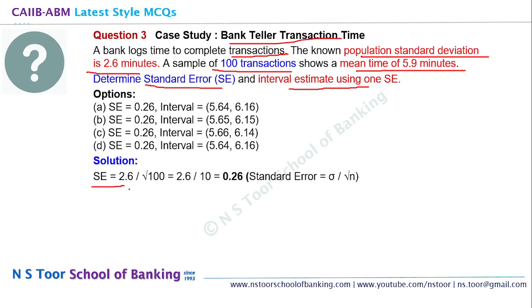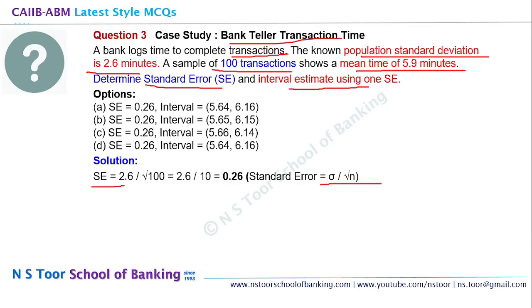Here sigma is 2.6 divided by square root of 100.